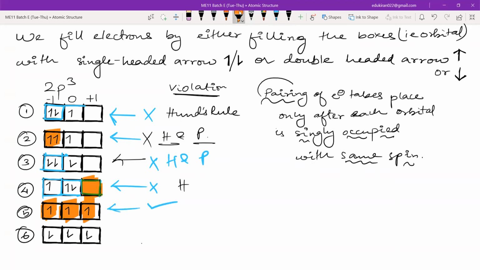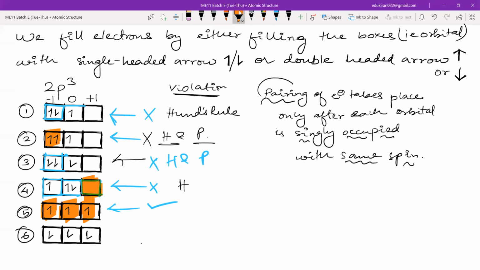Now, the sixth one, sometimes students get confused. They think that the first electron that we are filling should always be up spin, because up seems very logical. Up, up, then down, then up, then down. It seems logical, but no. We have to apply Hund's rule. Hund's rule says that pairing of electrons happens only after single occupancy. Did pairing happen?